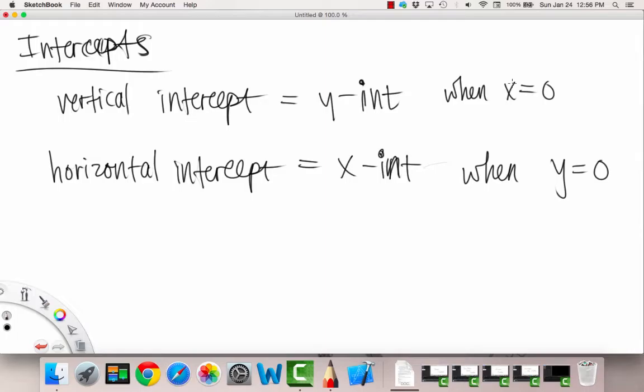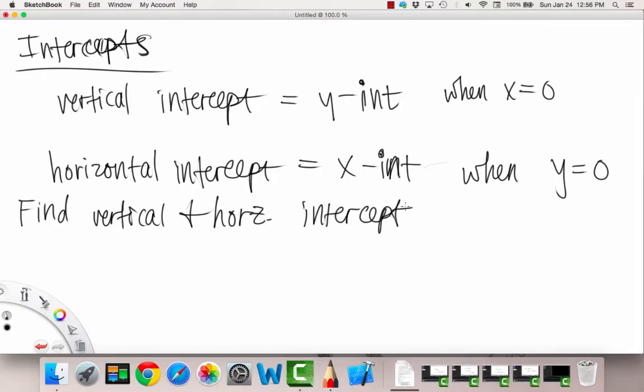Okay, let's do a little exercise. We're going to find the vertical and horizontal intercepts of a function I'll give you to play around with. f of x is equal to 3x minus 2.